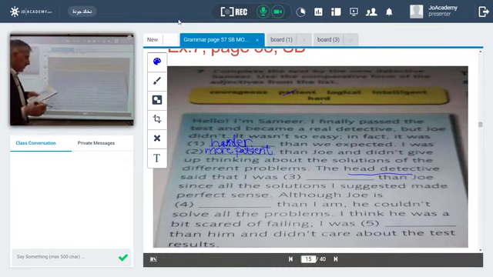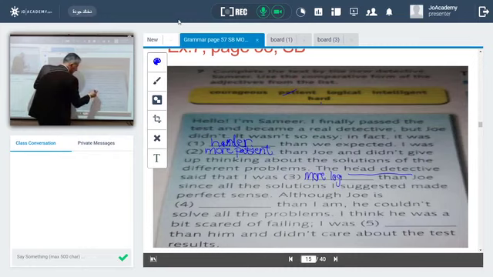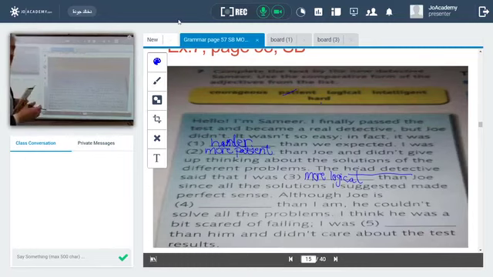He was more logical. More logical than Joe, أكثر منطقية, since all the solutions I suggested made perfect sense.